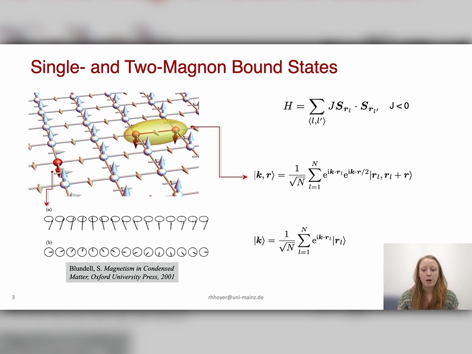They are known to form bound pairs or so-called bound states. This happens because the attractive interaction lowers the energy of the bound state. This would be described by the state K, A, with A being the lattice constant. These bound states are described quantum mechanically since they disappear in the classical limit, so when the spin quantum number S goes to infinity.